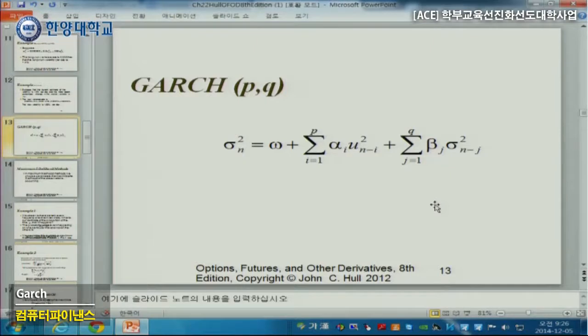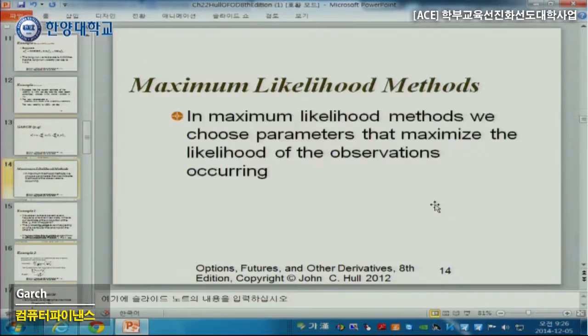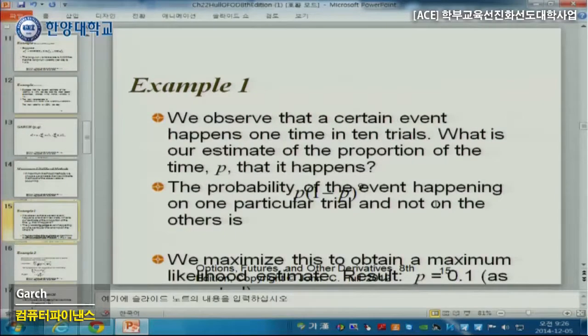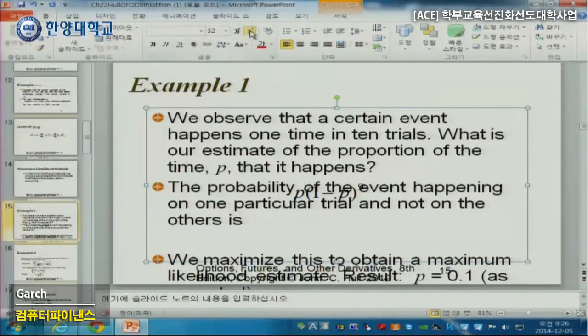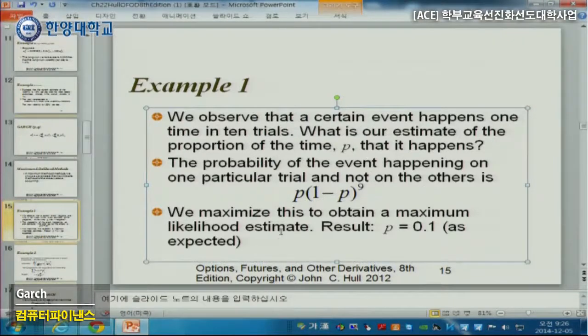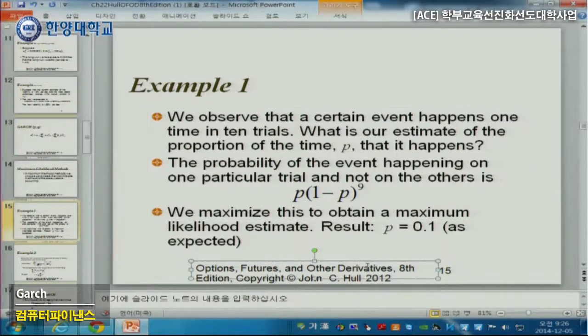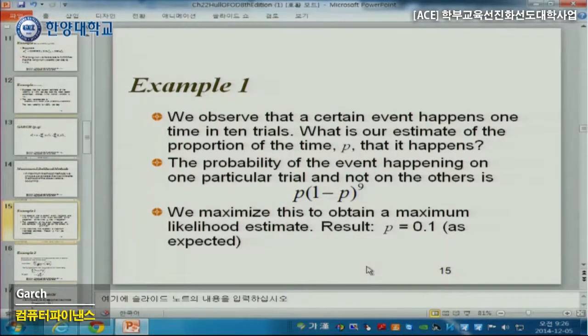Then we have to define likelihood, right? What is the actual likelihood, or roughly the probability, of observing the data? Example 1, I think this is a good example. Suppose we toss a coin.